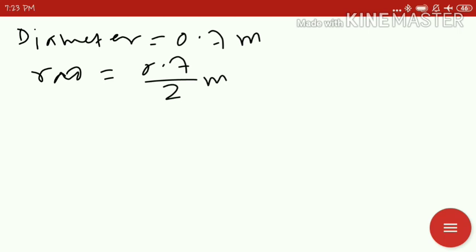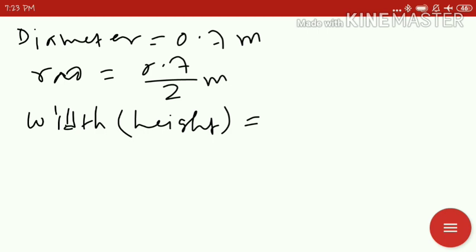And the width, which is similar to the height of the cylinder, equals 1.2 meter. What do we need to find out? We need to find the number of revolutions.